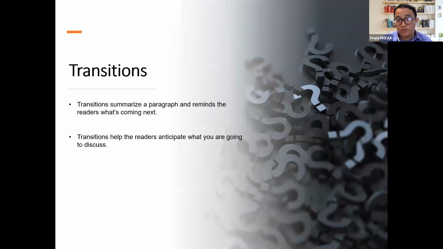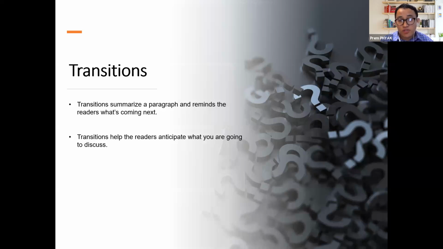I will talk about how to do that. And then some other quick ideas. One is that transitions are really important. Transitions basically summarize a paragraph and remind the readers what is coming next, right? It is not just summarizing the paragraph, but also indicating what is coming next.